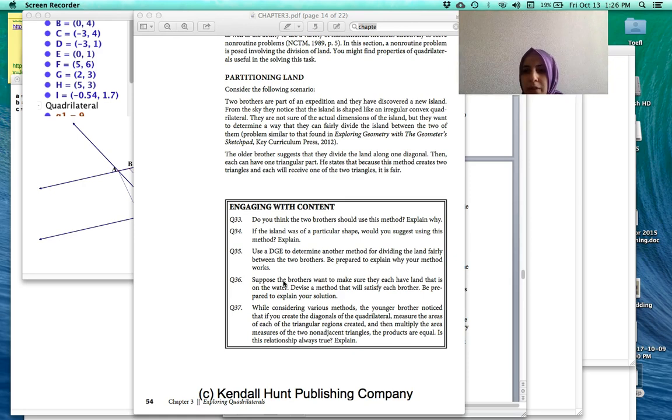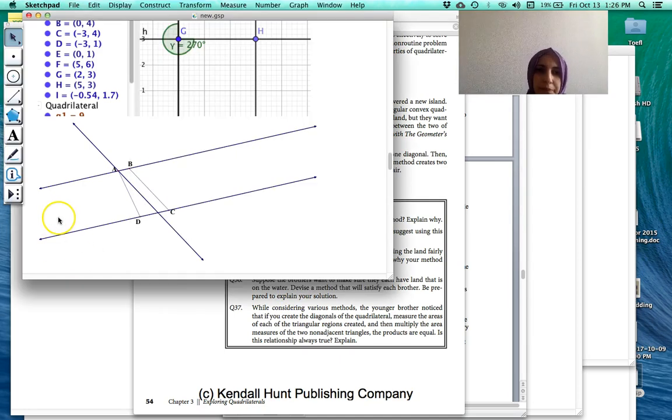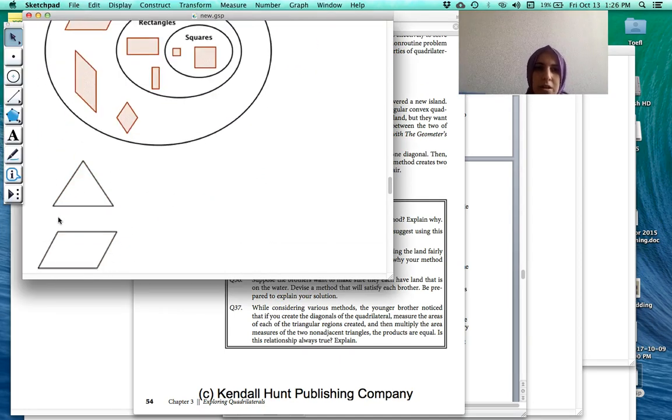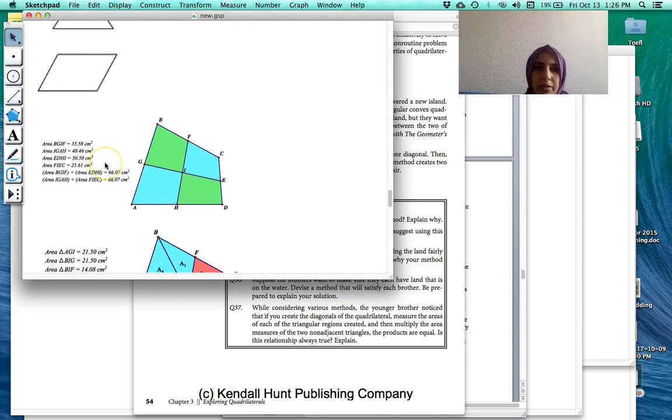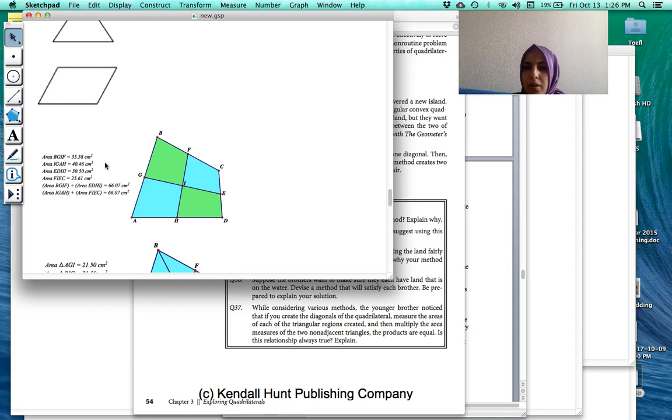Some of the most common approaches are shown below and can also be found in the sketchpad. Solution 1, which I drew before, can be one way to divide the land evenly.